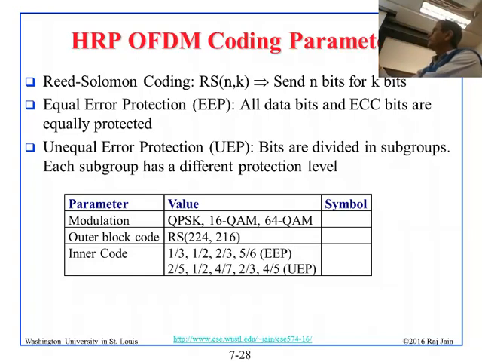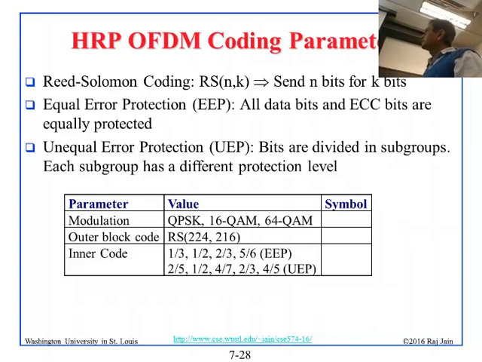This code, RS(N,K), tells you that instead of 216 bits, we will send 224 bits using some formula. Similar to CRC, these bits are calculated using some polynomials. So instead of sending 216, you send 224. So 216 becomes 224 bits. That is the first code.